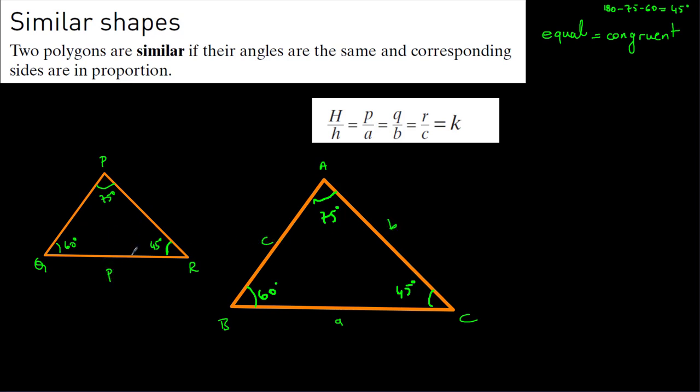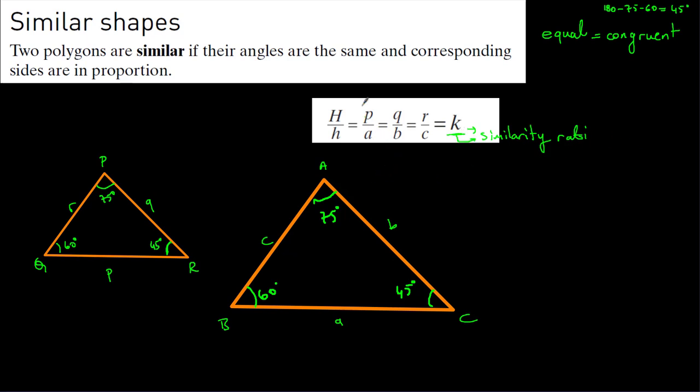Here this is p, this is q, and this is r. As you see, p over a is equal to q over b is equal to r over c, it has to be. Then this is equal to k. This k is called the similarity ratio.